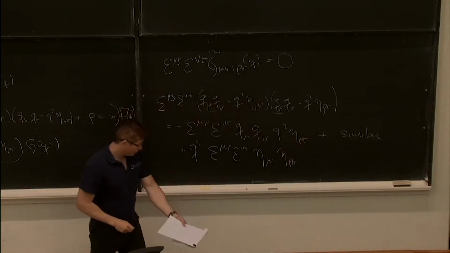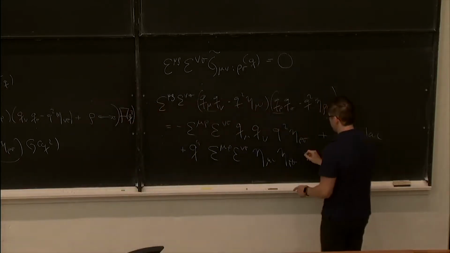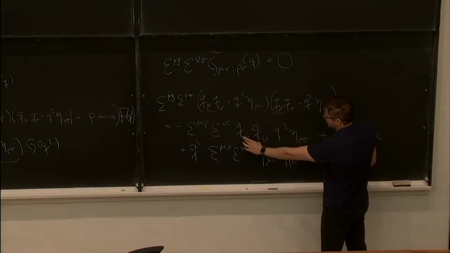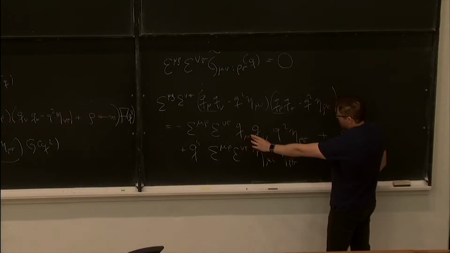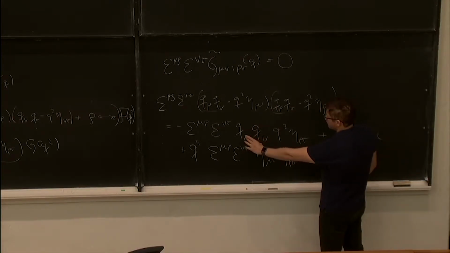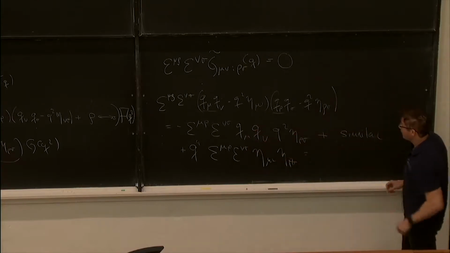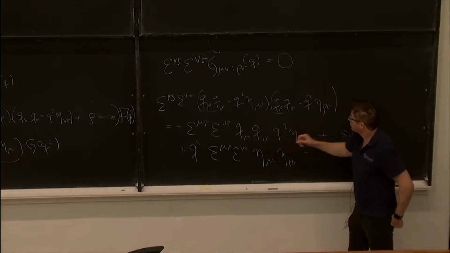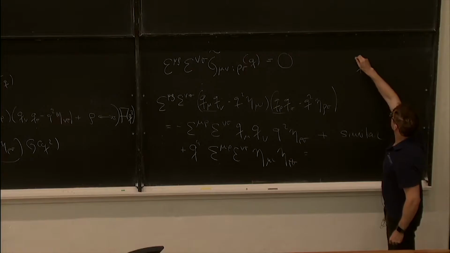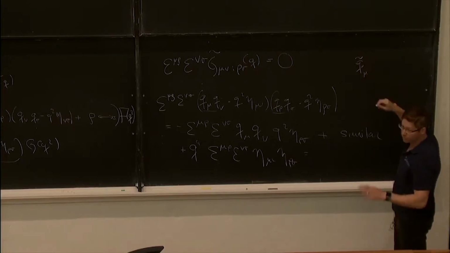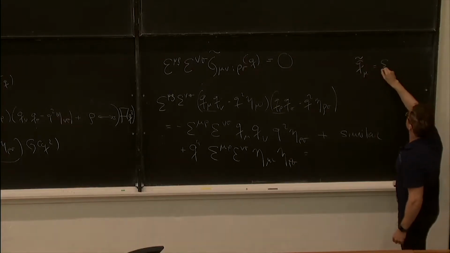Okay, so now how do you see that this vanishes? Well, an important little observation, a convenient trick, is to define in two dimensions a dual pseudo vector, if you like, in this fashion.